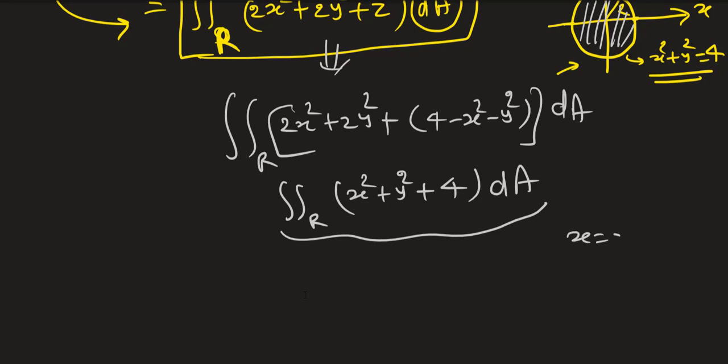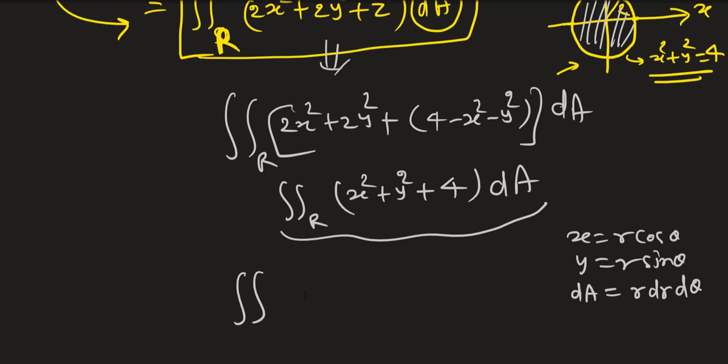So let's put x is equal to r cos theta, y is equal to r sin theta, and dA in this polar coordinate over the circular region is given by r dr d theta. Okay, so in the circular region, the limit of theta would be 0 to 2 pi, and the limit of r would be 0 to 2, and x square plus y square would be simply r square, plus 4 multiplied by dA. dA is r dr d theta.